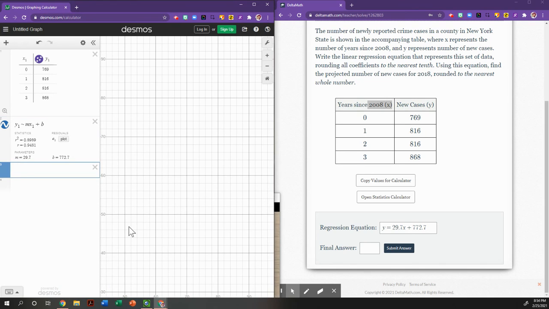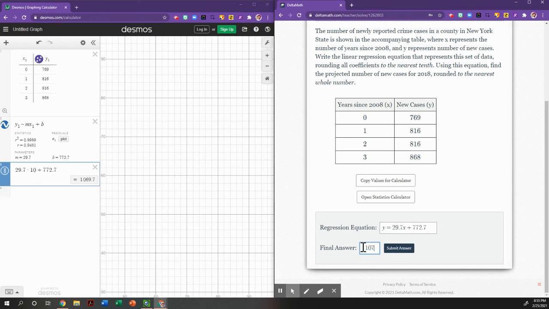So let's bring that here. I'm going to type in 29.7 times 10. Oops, I didn't do that right. Plus 772.7. And I'm going to round to the nearest whole number, or the nearest integer. Well, that 7 tells me to round 69 up to 70.